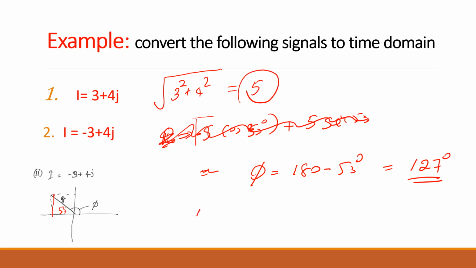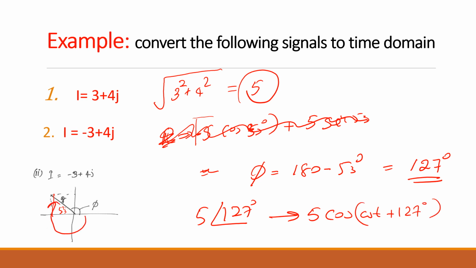So you can say 5 cos(omega t plus 127 degrees). If you want to measure the angle the other way around, you can do that as well: 180 plus 53 makes it a negative angle, negative 233 degrees.